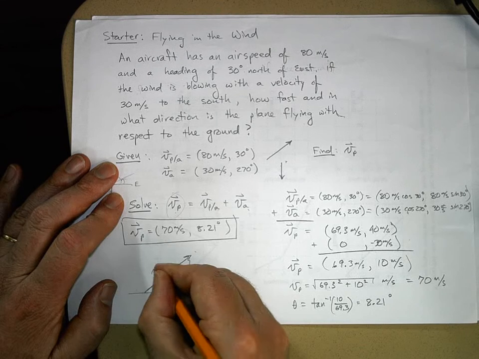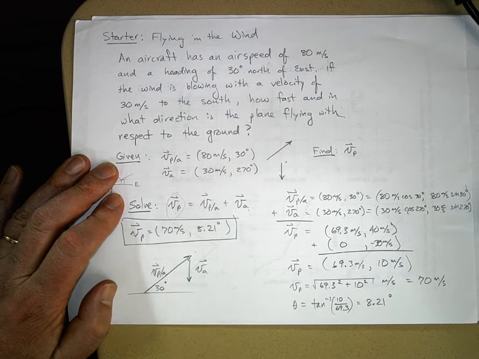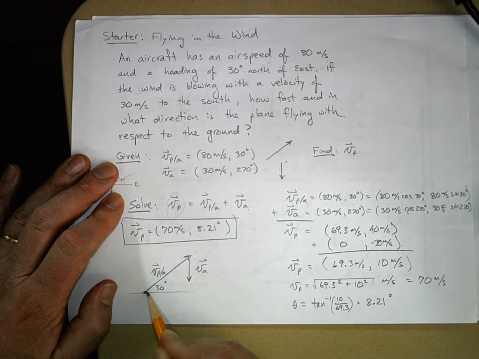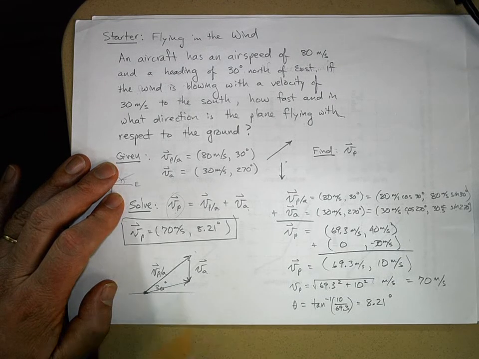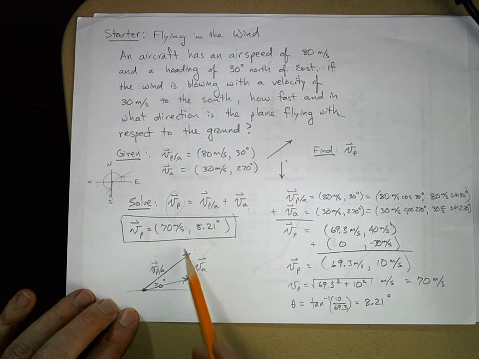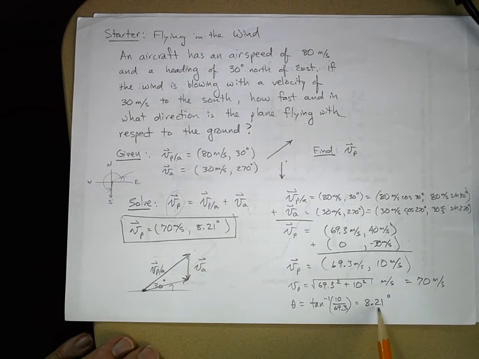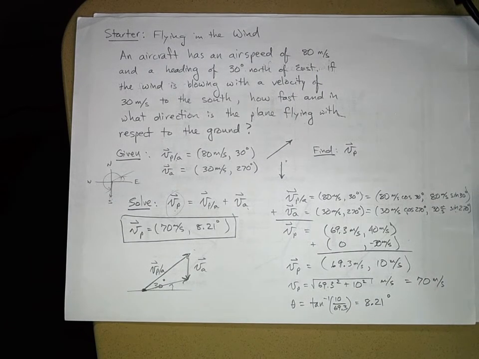So this is the velocity of the plane compared to the air, and this is the velocity of the air. So my result would be this. So 70, yeah, a little bit less than the 80. That looks about right. And then a pretty small angle here, 8.21. That looks about right. So I used the sketch to check my work.